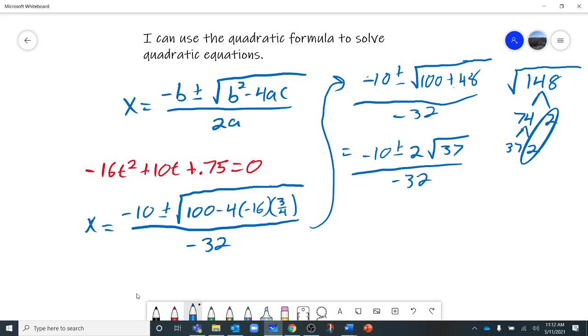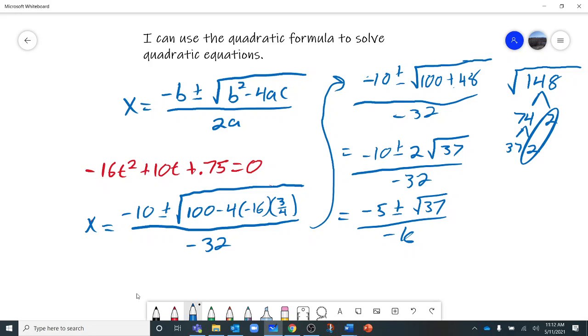Let's kind of divide out some of that. And actually, we could simplify this a little bit more. That would be negative 5 plus or minus square root of 37 over negative 16. Kind of want to factor out the negative as well, but that's okay. So at this point, you probably want to plug it into your calculator.